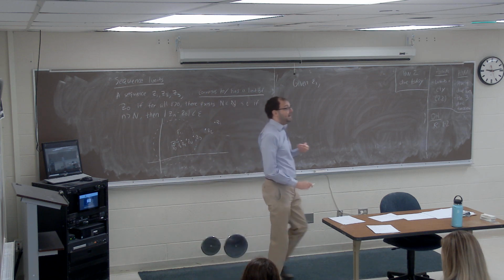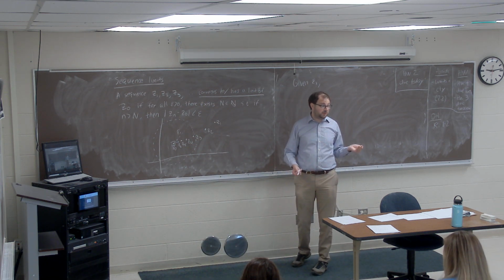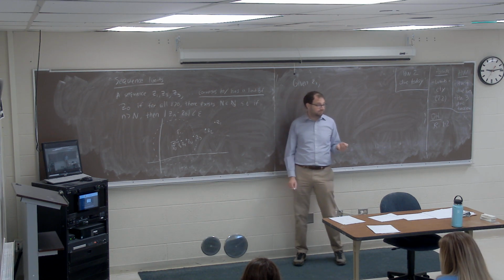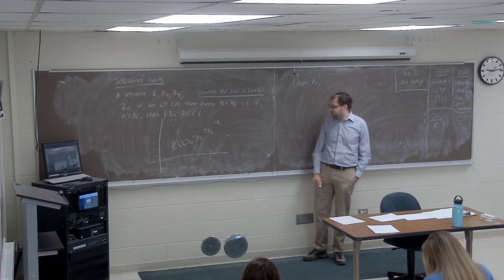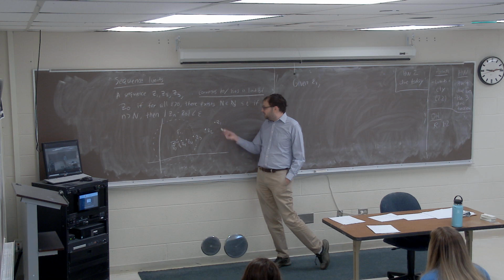So, Caleb, how far out in the sequence do we have to go before every single term is within distance epsilon 1 from z naught? A radius out to, or actually a little bit past z1. Yeah, a little bit past z1 would do it.